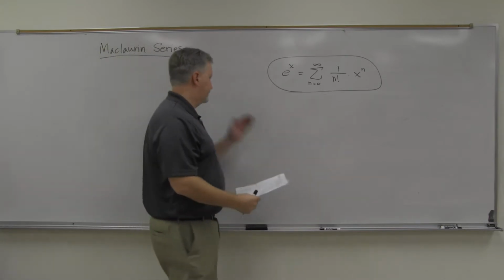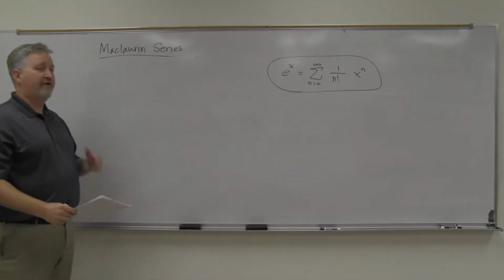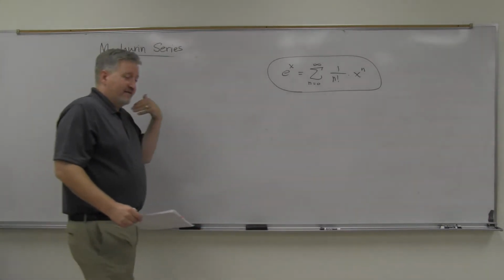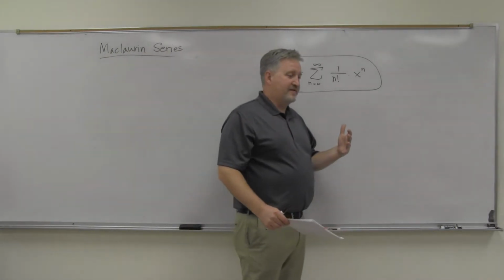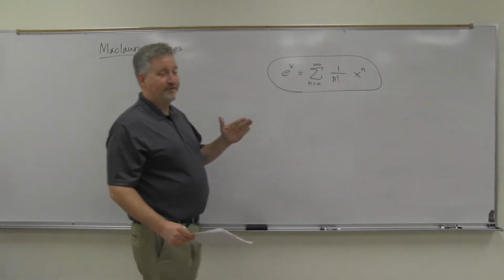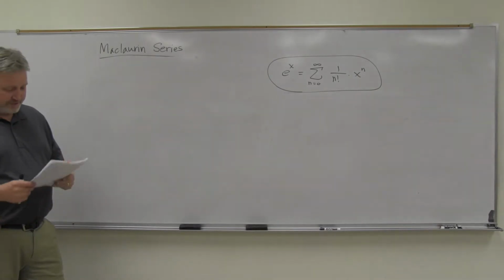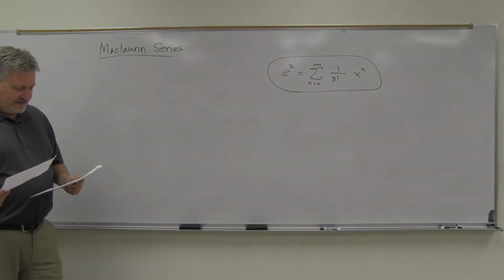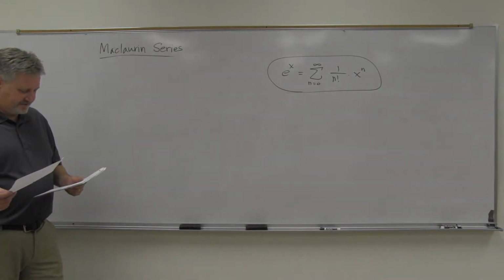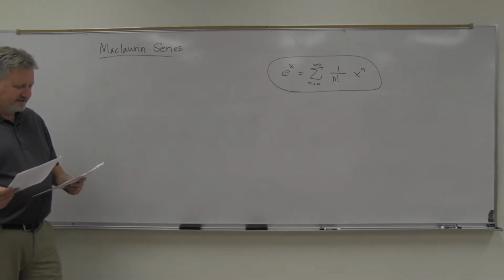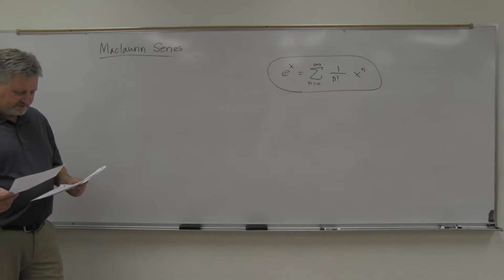Those are pretty much straightforward. Now, like I said, we get a couple of these Maclaurin series for the trig functions. So let me do this one, then I'll do that one.